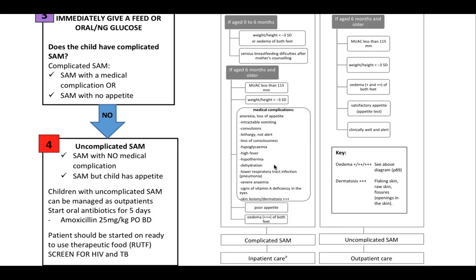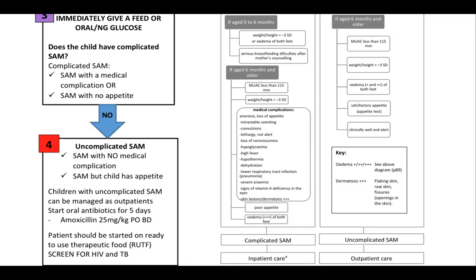These are all the medical complications. If they have a medical complication in a SAM patient, it's called complicated SAM, and this kind of patient needs to be admitted for inpatient care.